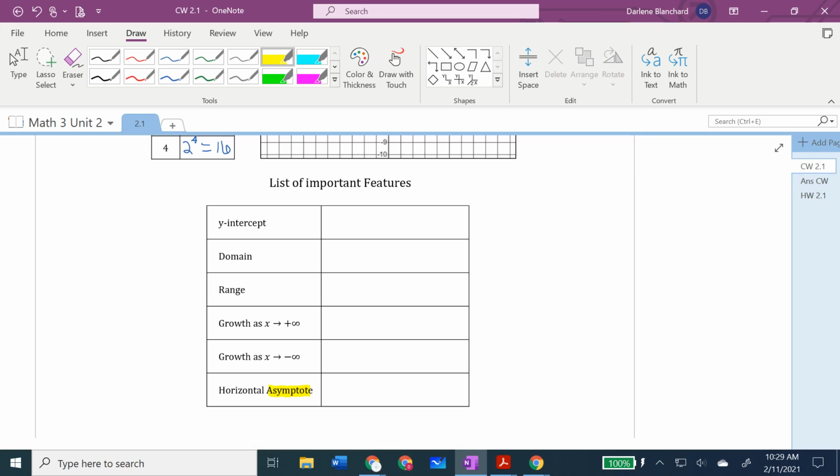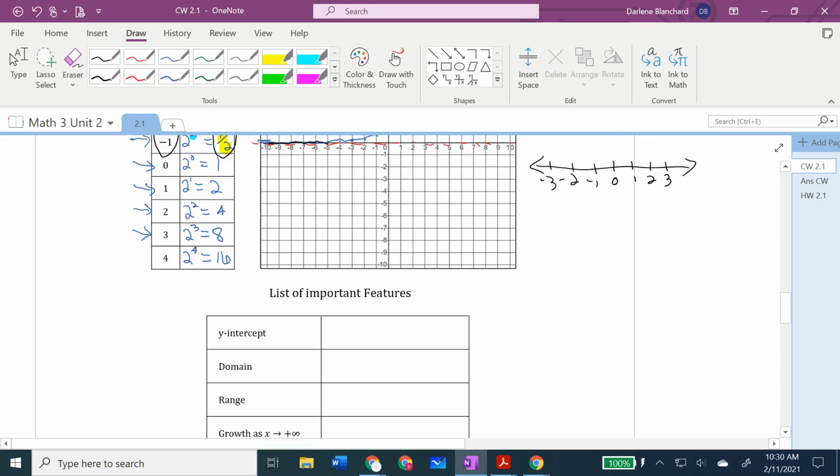You're going to need to get used to that word in this class. A lot of functions we're going to investigate in this class are going to have asymptotes. And take a good look at the spelling, asymptote. We get a horizontal asymptote.